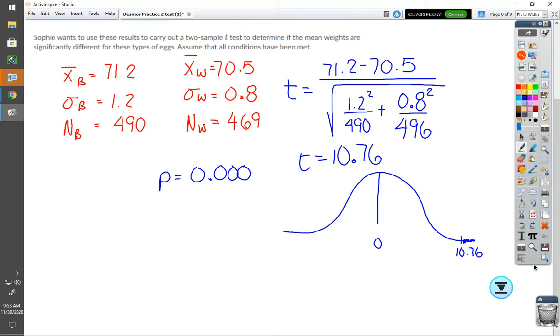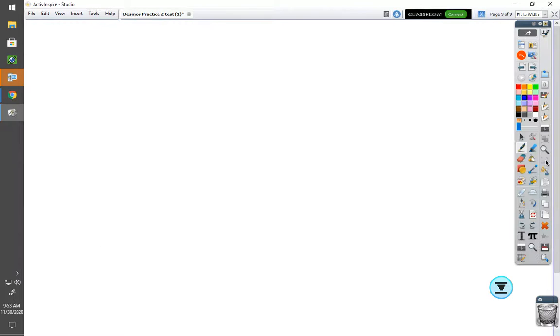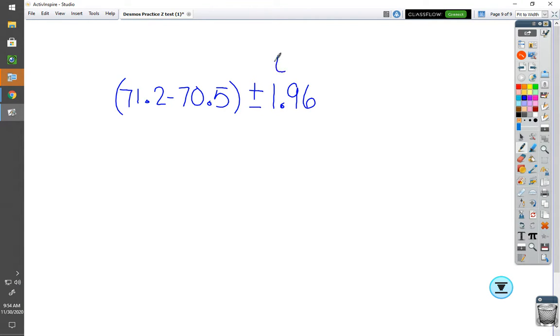If we wanted to calculate a CI for this particular instance, remember that in a CI, we would utilize the difference in the two values, 71.2 minus 70.5. To that, we would add and subtract a t-score. Now, I've already calculated the t-score for you. You will always be given the t-star value.